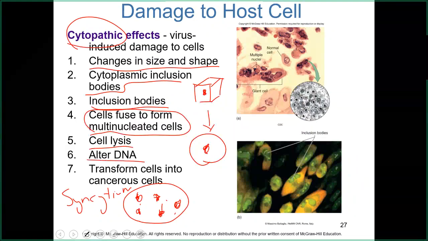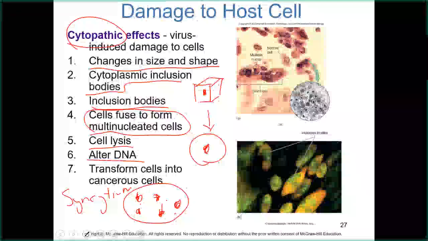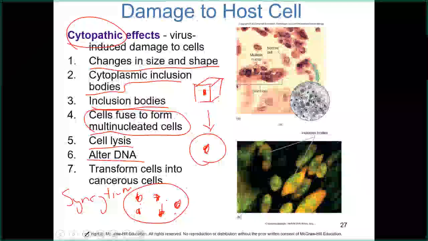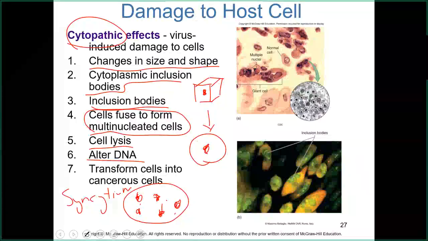DNA viruses go to the nucleus. And even some RNA viruses, the retroviruses, reverse transcription happens and DNA is produced using an RNA template. Well, that DNA goes to the nucleus as well.